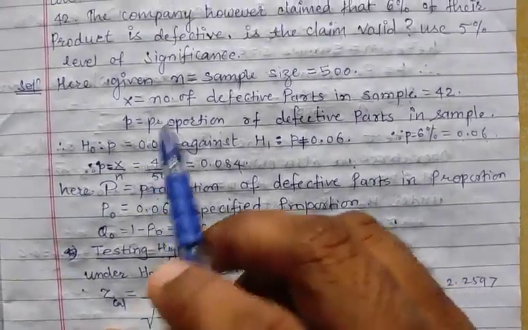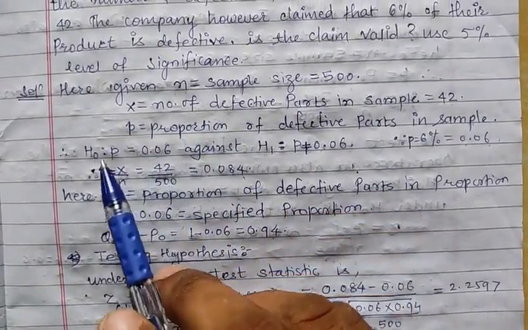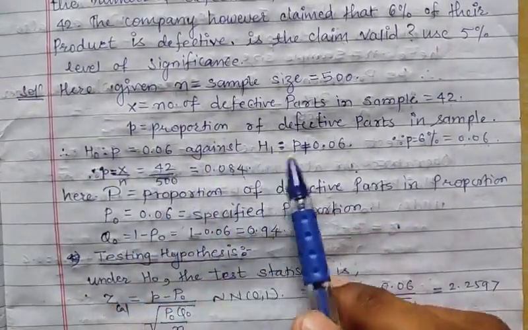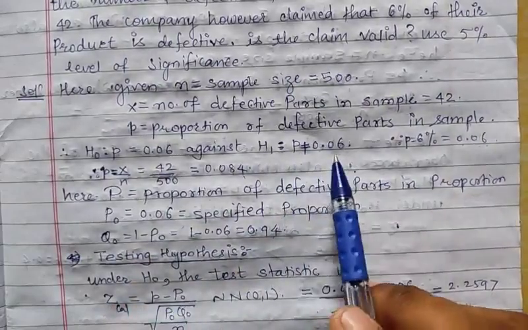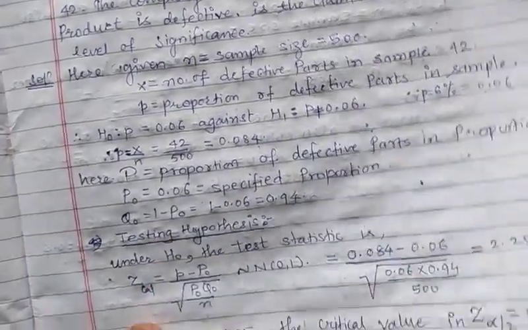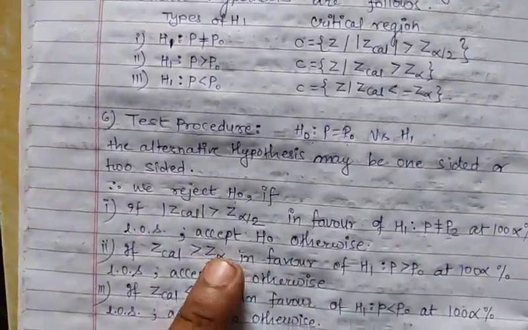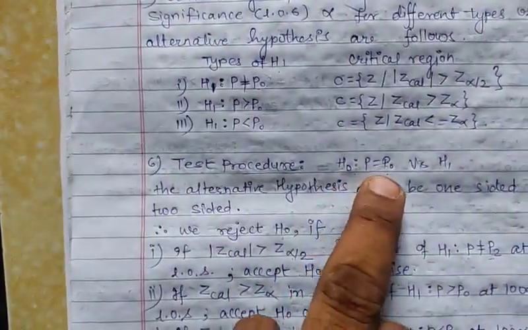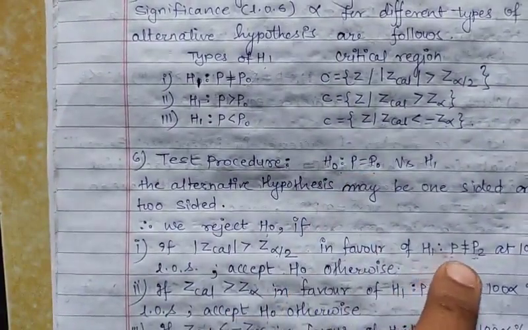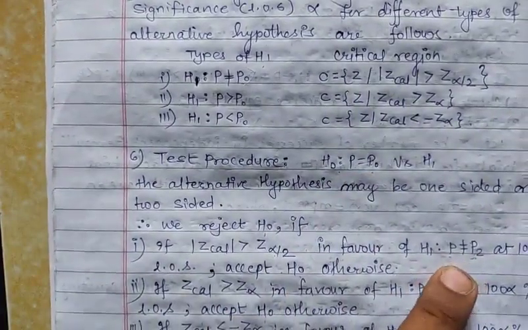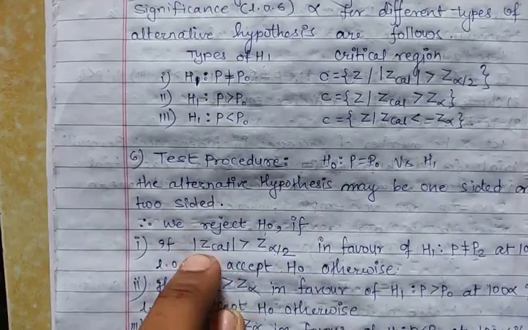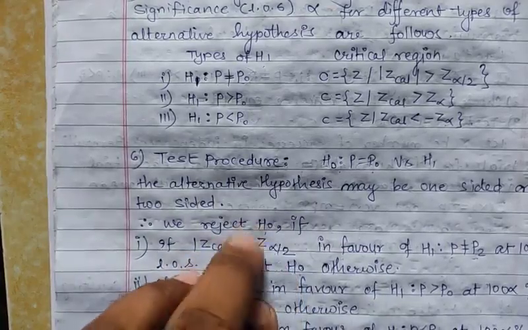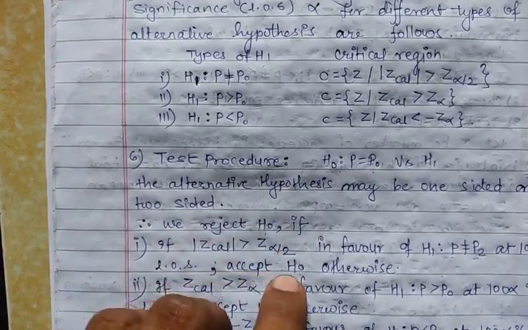In this example, we check H0: P is equal to P naught against H1: P is not equal to P naught. Means we have to check if mod Z calculation is greater than Z alpha by 2. In this case we reject H0, otherwise we accept H0.